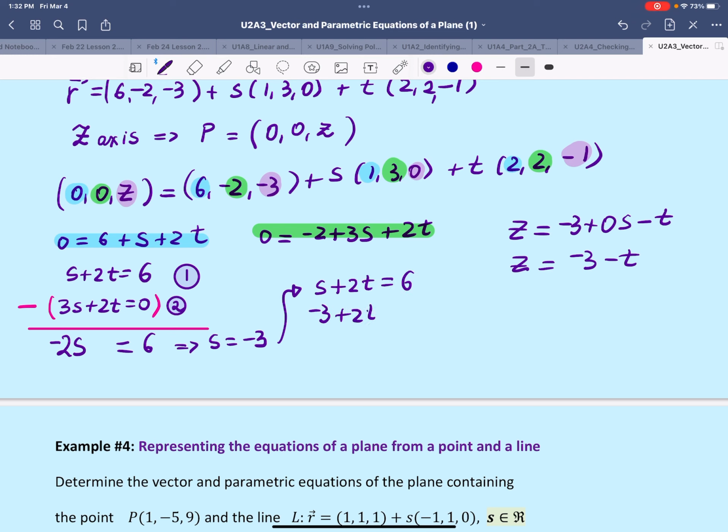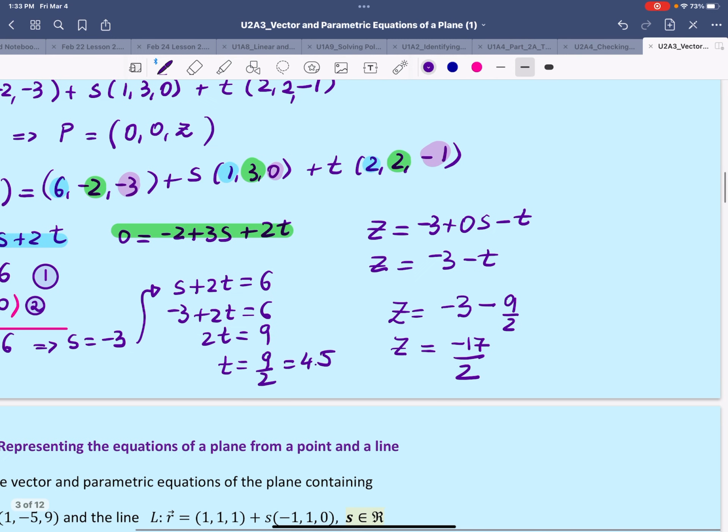Substitute. 2t equals 6 minus -3, which is 9, so t is 9 over 2, or 4.5 is just fine. So we're going to say that coordinate z is -3 minus 9 over 2, or -6 minus 9, -17 over 2.